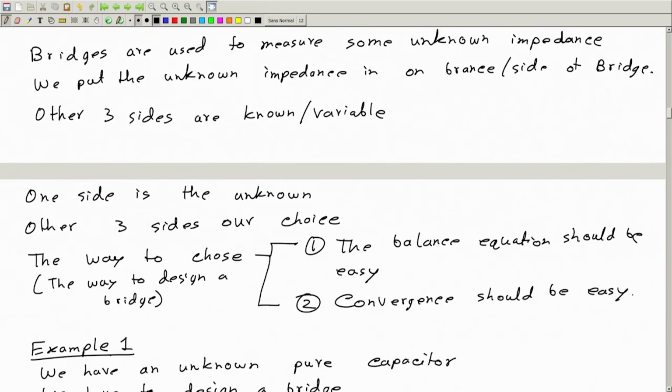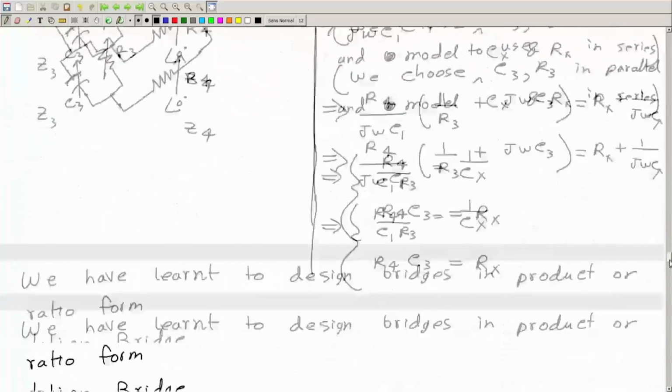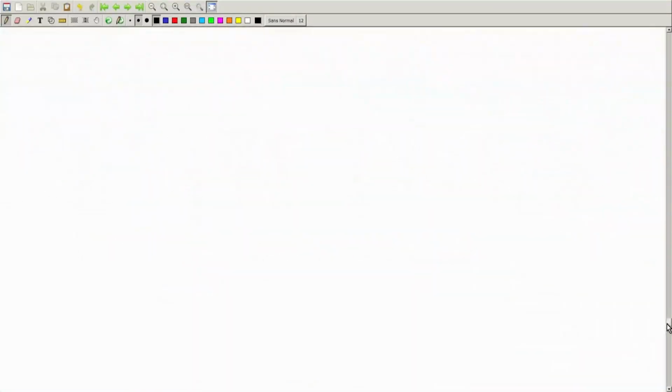What I mean is that in an AC bridge, we measure an unknown impedance, and an unknown impedance normally has two unknowns, two variables.